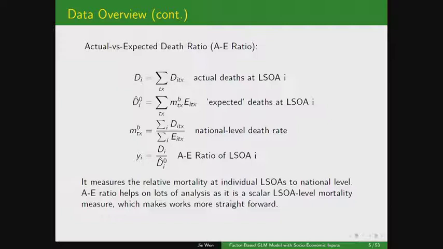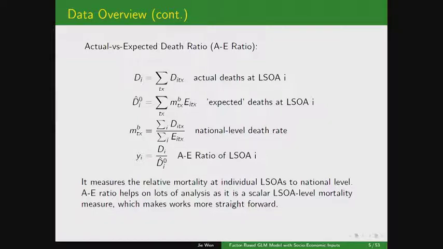This mortality measure tells us the story of how each LSOA's mortality level compares relative to the overall national level. These measures should be centered around 1, and any LSOA having this number close to 1 means it's close to the overall national level.